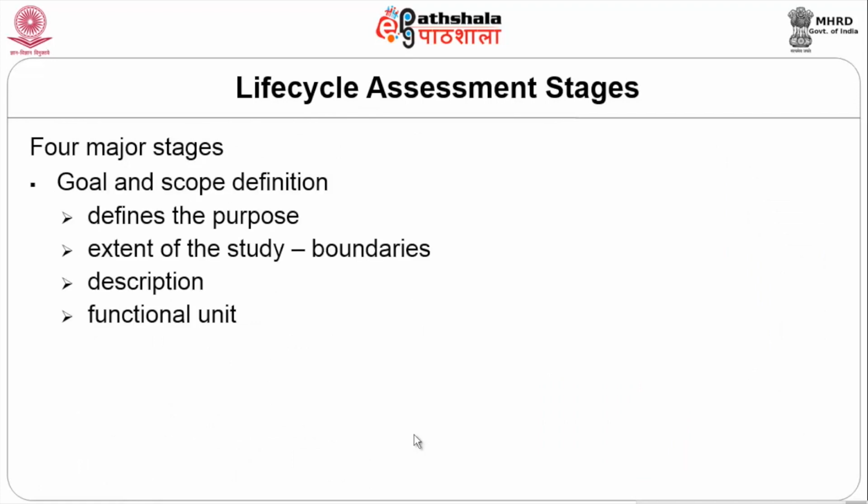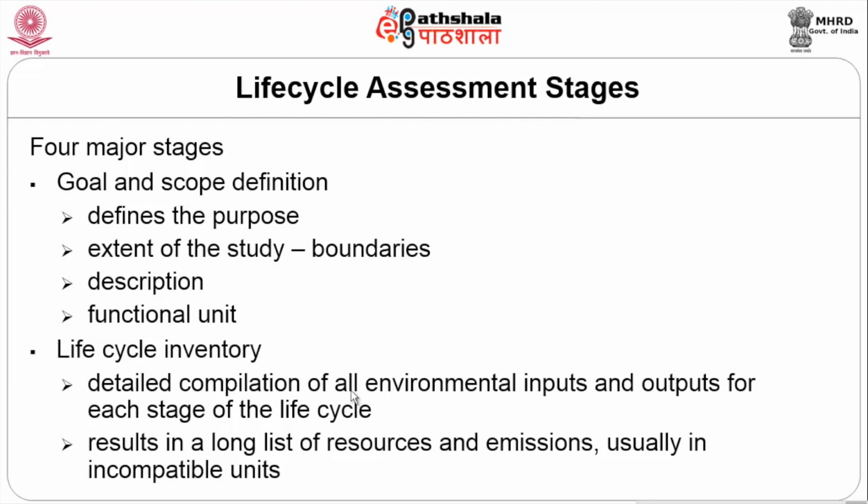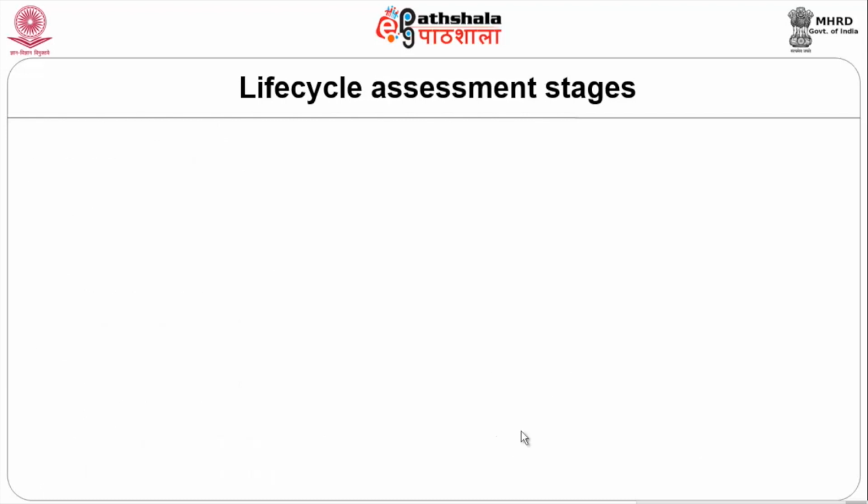So, there are 4 major stages involved: the goal and scope, the definition of the material usage, defining the purpose, extending the study and the boundaries, and description of these materials and the functional unit. Then the inventory of the life cycle analysis, which includes detailed compilation of environmental inputs and outputs for every stage of the life cycle, resulting in a long list of resources and emissions in incompatible units.